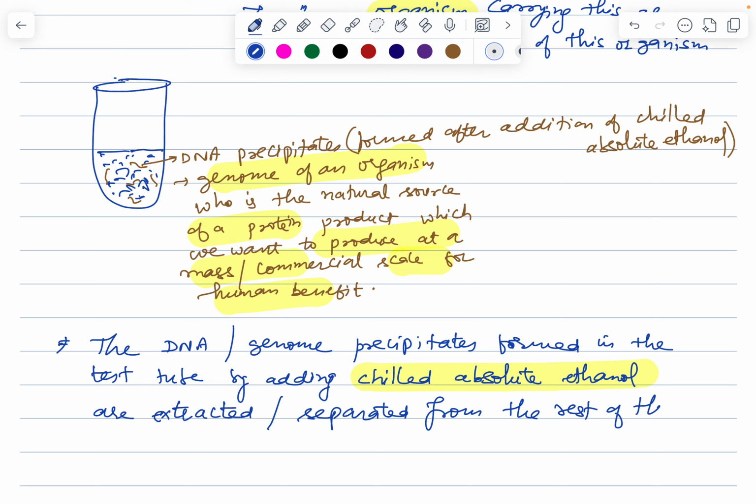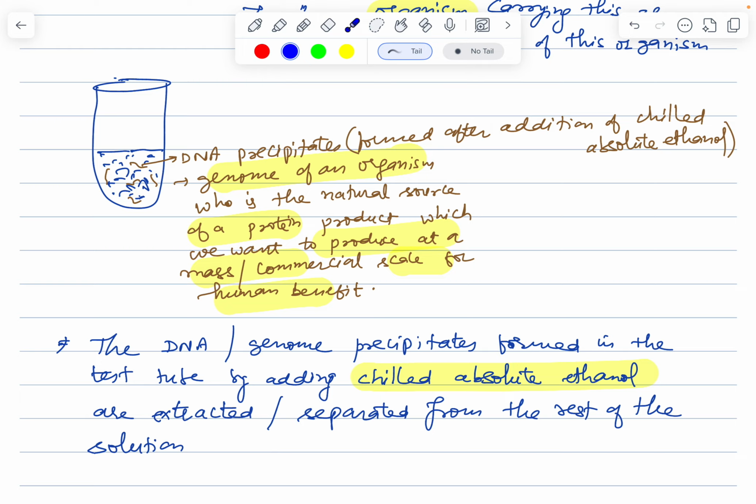What exactly is the rest of the solution? As you might recall, when we started with the genome extraction process, we had dissolved a few cells of the organism whose genome is to be isolated in the buffer solution. Then what did we add? Cell wall digesting enzyme or cell membrane digesting detergents like SDS. Then we also add RNases and proteases to digest the RNA and the proteins which are present inside the cell here.